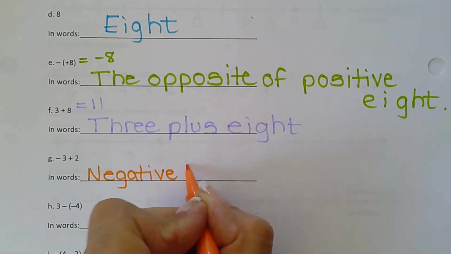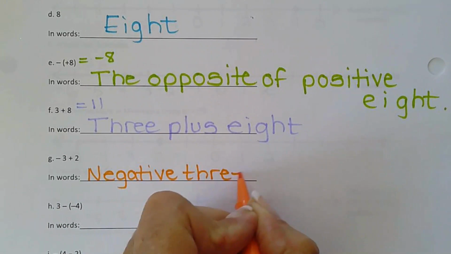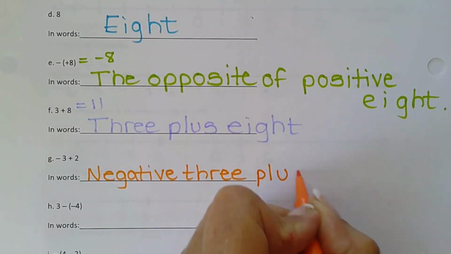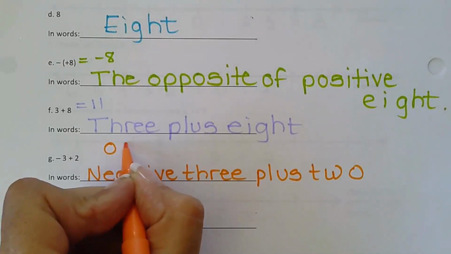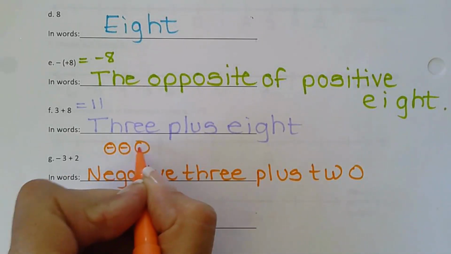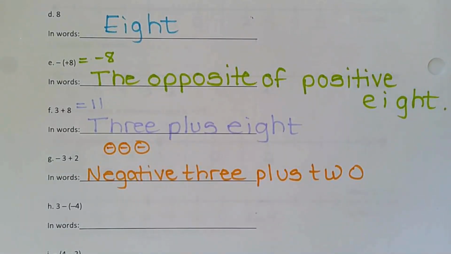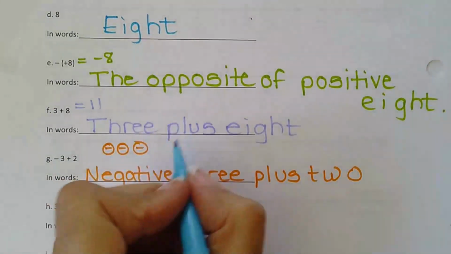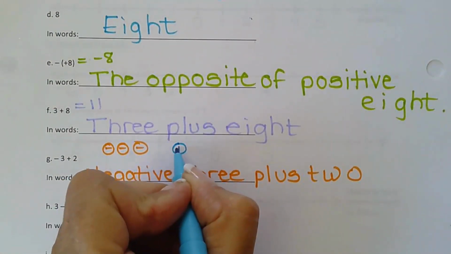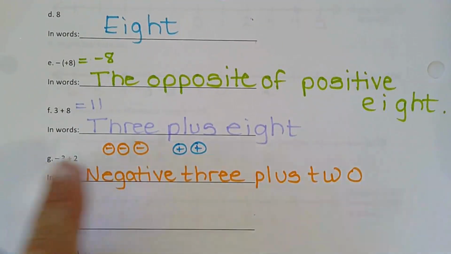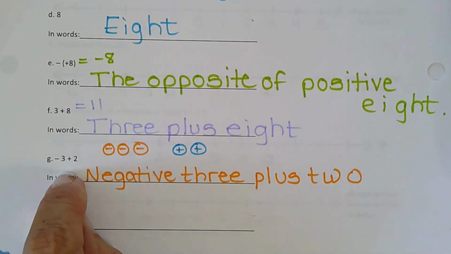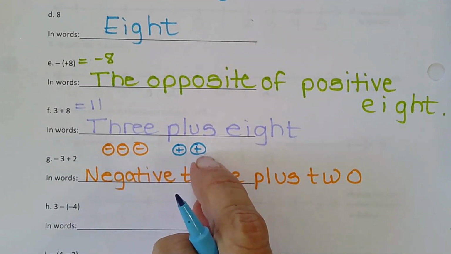And this gives you a chance to practice your chips. I have 3 negative chips and it says plus 2, so that means plus 2 positive chips, right? So 3 negative chips added to 2 positive chips.